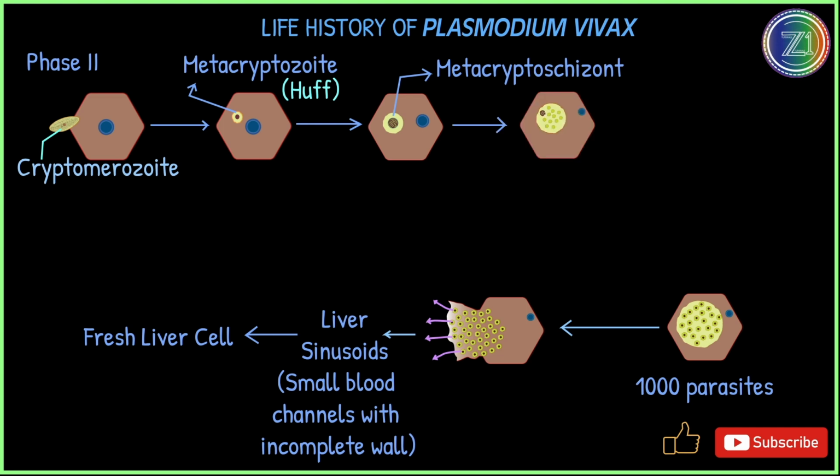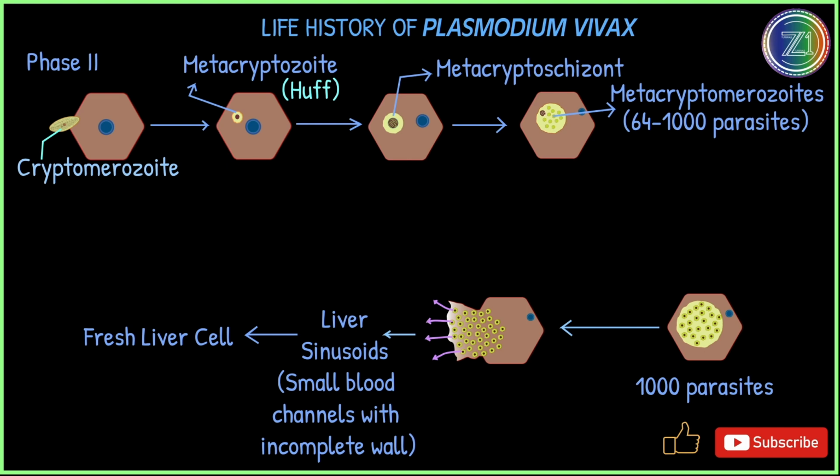So here is the nucleus in the schizont, and this is the nucleus of the liver cell. The schizont nucleus is again going to divide. It is going to undergo multiple fission, where it forms around 64 to 1000 metacryptomerozoites.